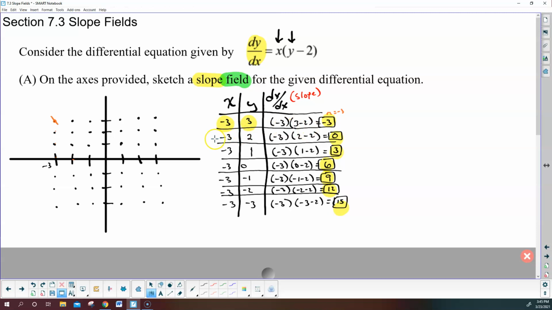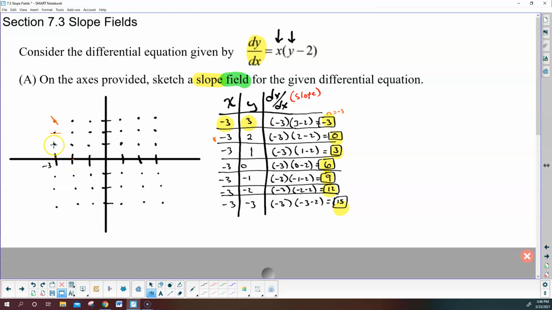Now let's go to the next point. Let's go to negative 3, 2, and let's graph a slope of 0. So if I go over negative 3 up 2, I have a 0 slope. So we're just going to draw it straight across. It's a horizontal line. And then I have to have a slope of positive 3 at the point negative 3, 1. So go over negative 3, up positive 1.